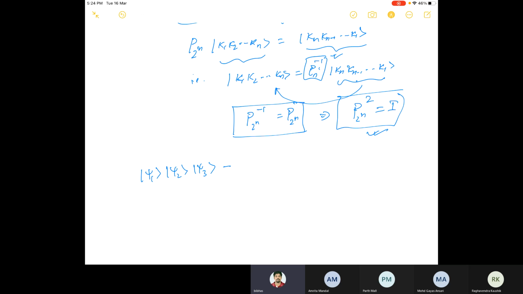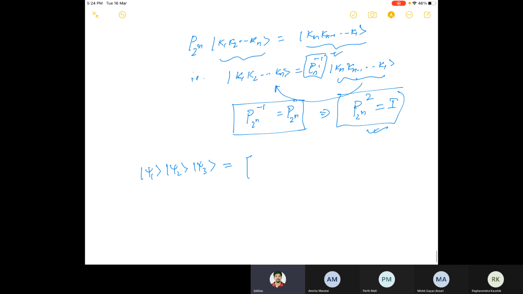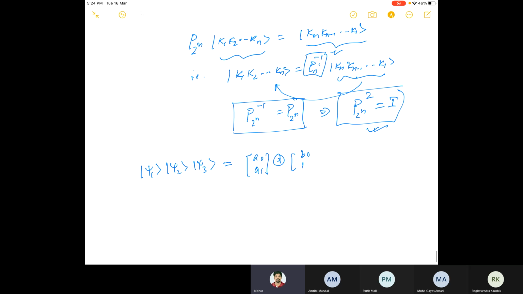So let's write the entries as a0 a1, times b0 b1, times c0 c1. There are three qubits.